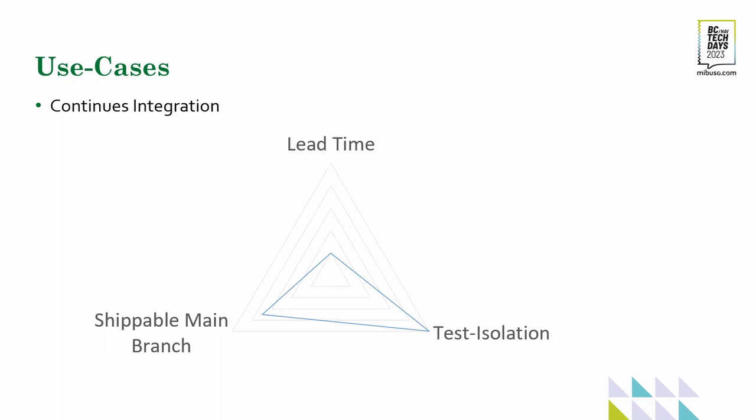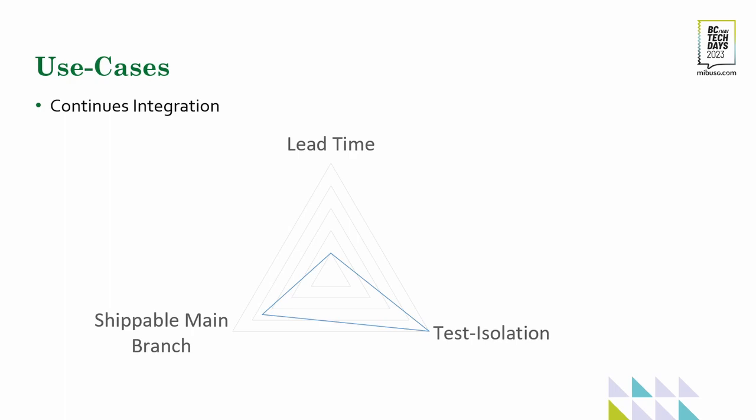Do I want to get my feature out as fast as possible, so my lead time of feature delivery is fast enough? Or should I have availability defined correctly, so that if anything crashes, I can take my main branch and ship it to my customer anytime?